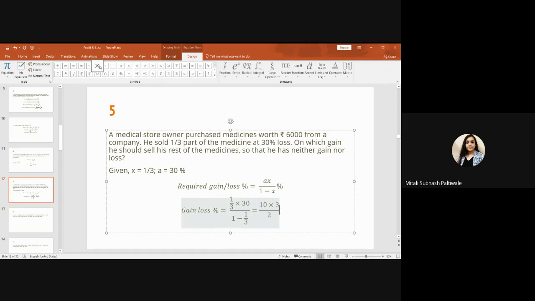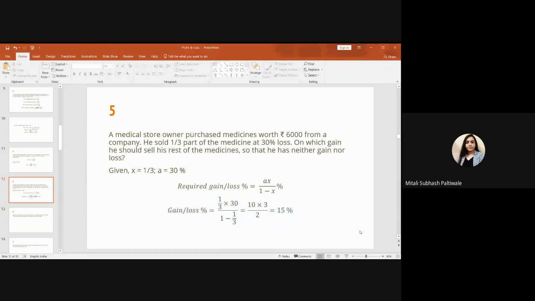Okay, so this is nothing but 30 by 2, matlab 15 percentage. So 15% is the gain or loss. Okay, so gain or loss here would be 15%. That's it.